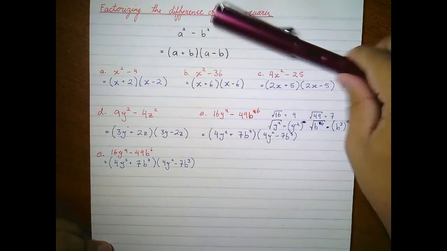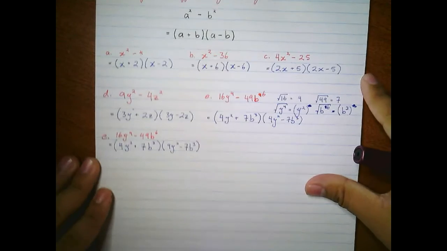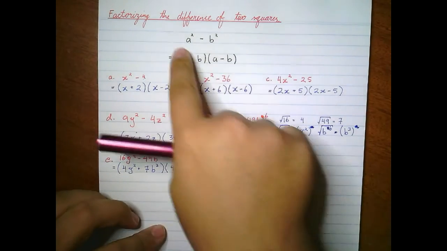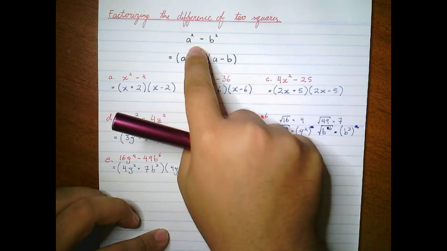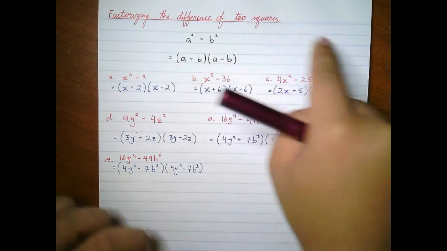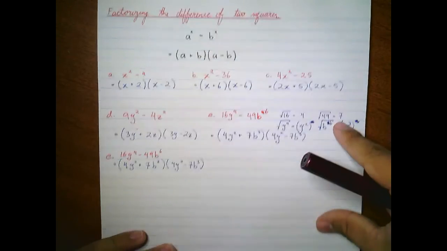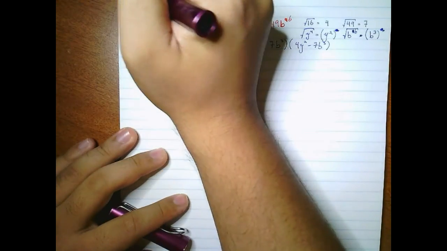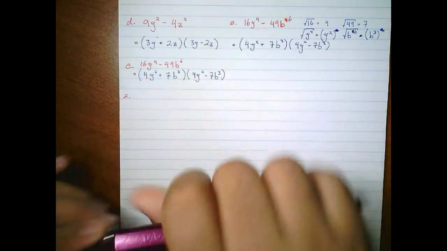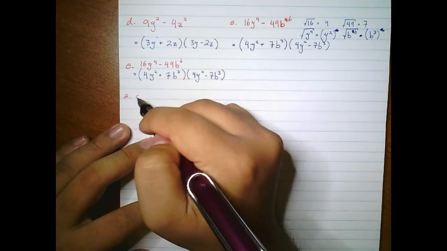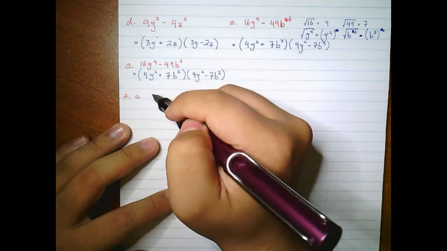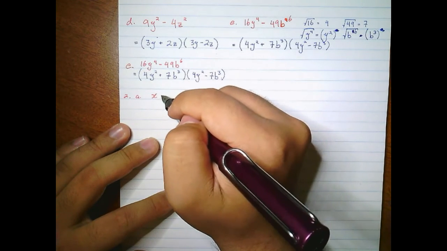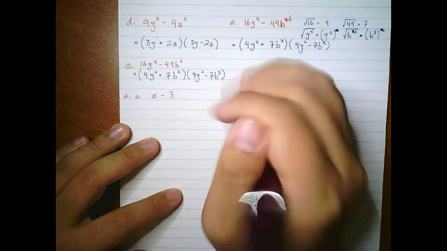Okay, so now let's move. So these are all with perfect squares. We can actually still factorize expressions of this nature, even if it's not a square. So let's take a look. This is set 1. Let's take a look at question 2a. This time, we're only going to have x minus 3.